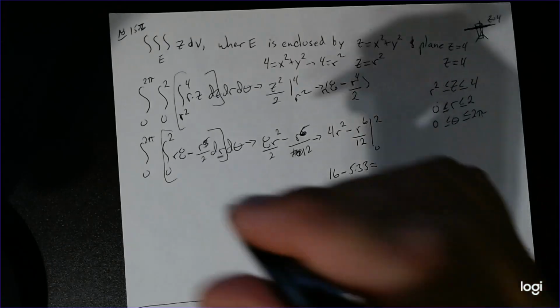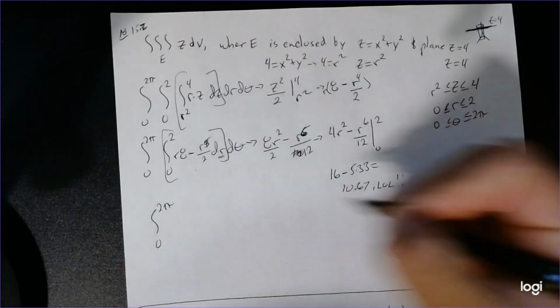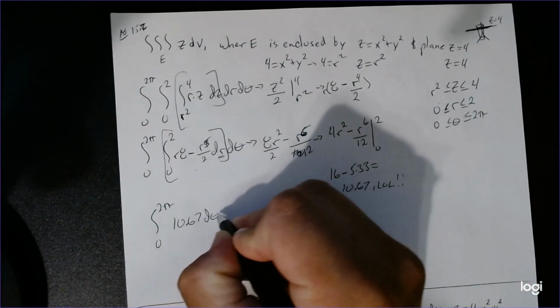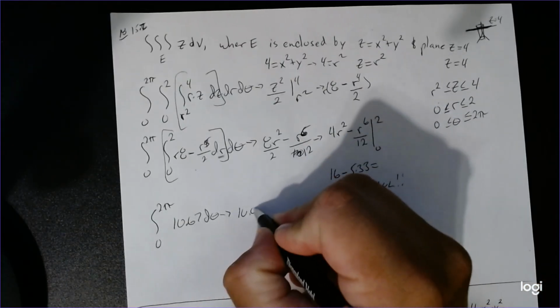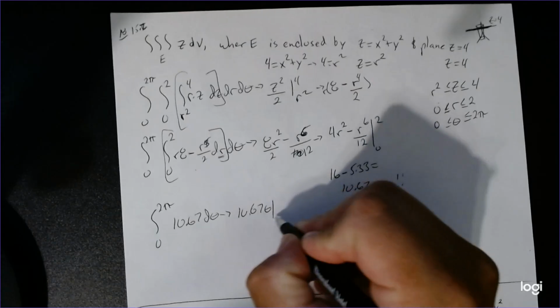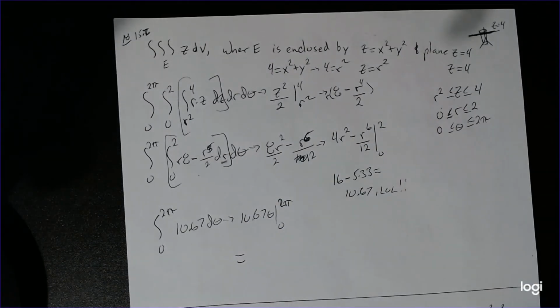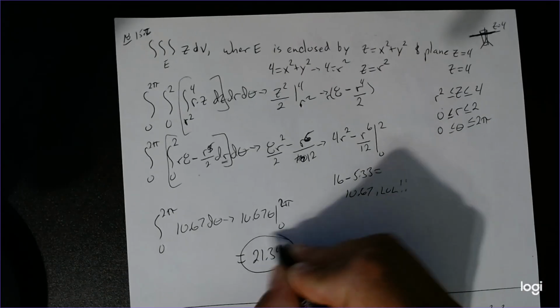So again, that's the inner part. If I do the last part, it's just going to be times by 2 pi again. There we go.